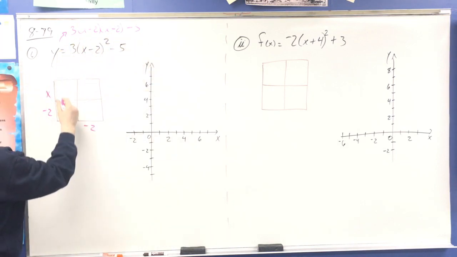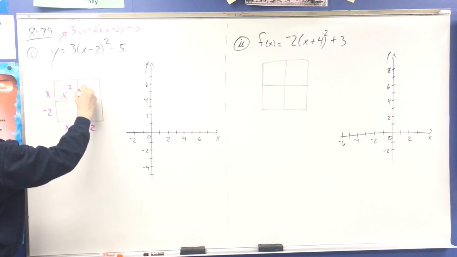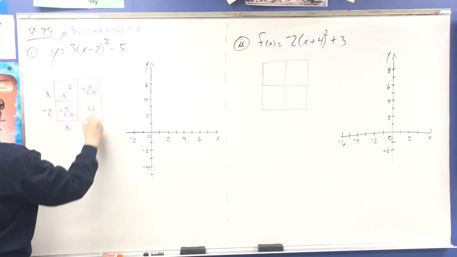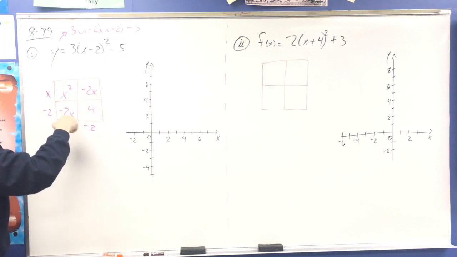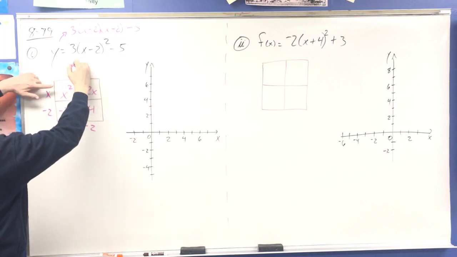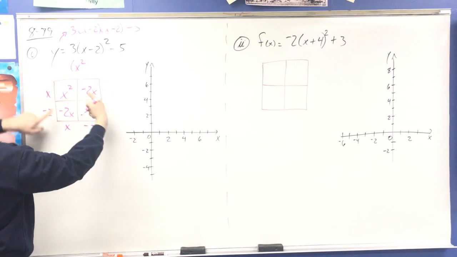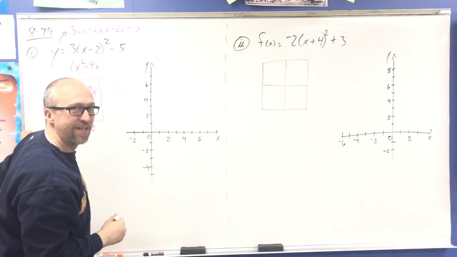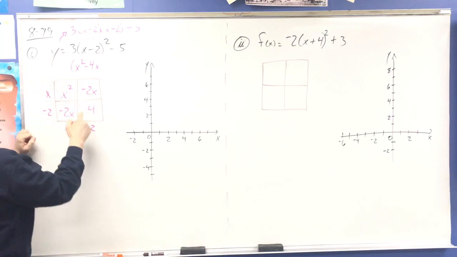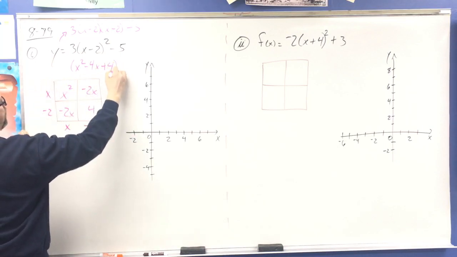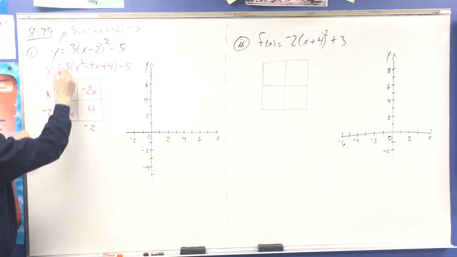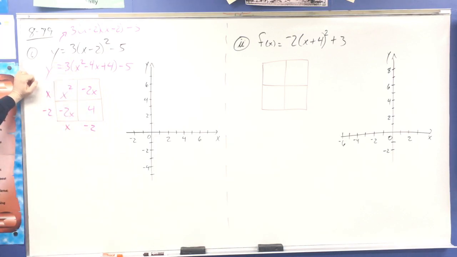So I'm going to do that multiplication like we did back in the day, filling in boxes, the happy boxes. And now I'm going to add up all these happy little terms, and I get x squared minus 4x. Remember doing this? The good times. And then plus 4. I still have the minus 5 hanging out here, and I still have the 3 sitting there.